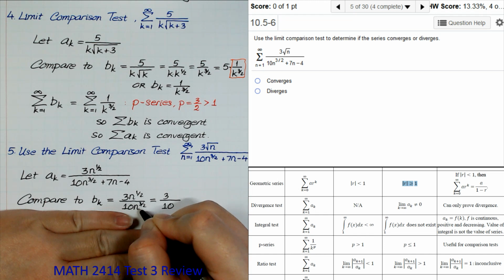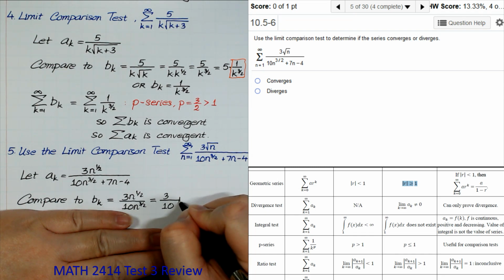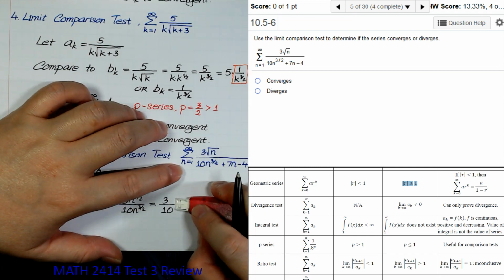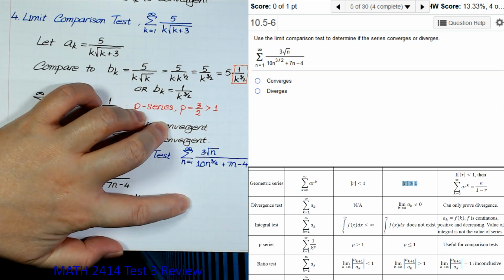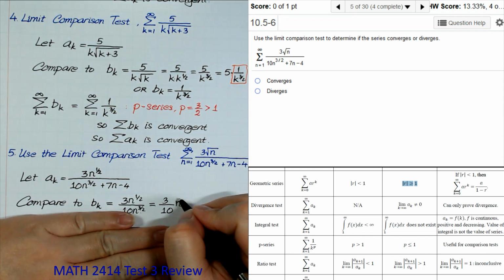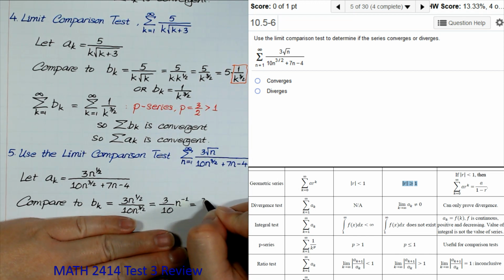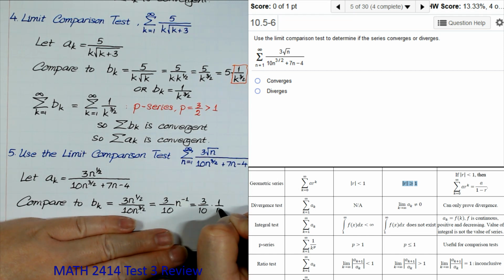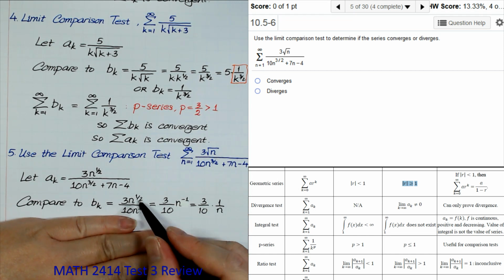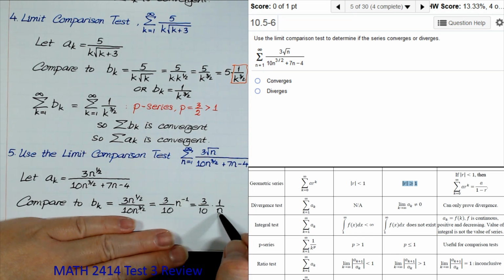The n to the 3/2 and the n to the 1/2 cancel out. One half minus 3/2 is minus 1, so n to the negative 1. Move to the bottom, it becomes 1 over n.